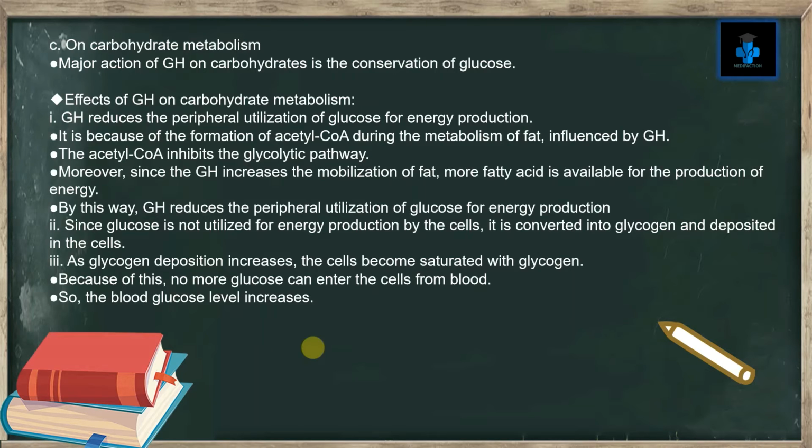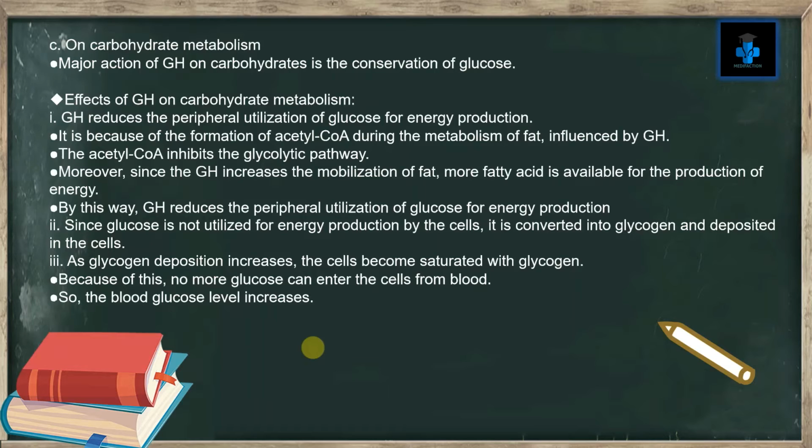The acetyl-CoA inhibits the glycolytic pathway. Moreover, since the growth hormone increases the mobilization of fat, more fatty acid is available for the production of energy. By this way, growth hormone reduces the peripheral utilization of glucose for energy production.